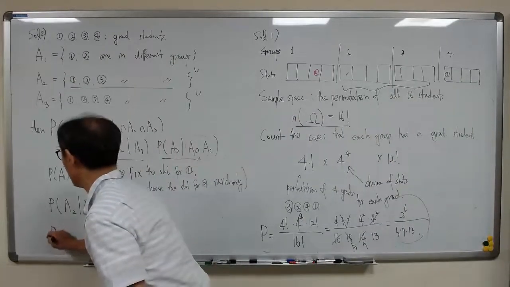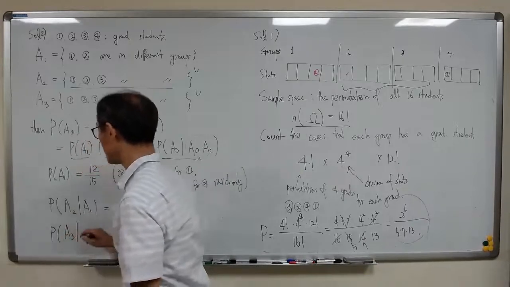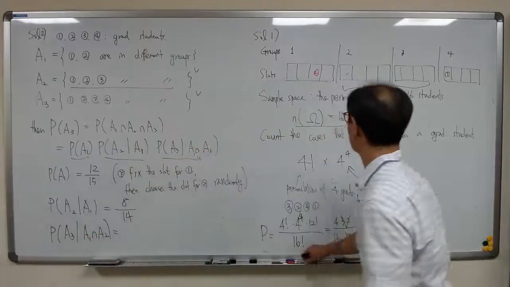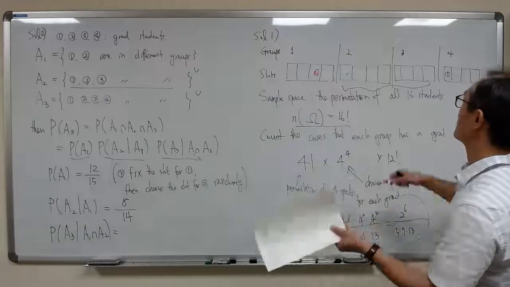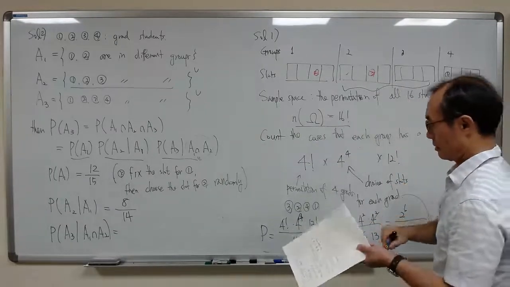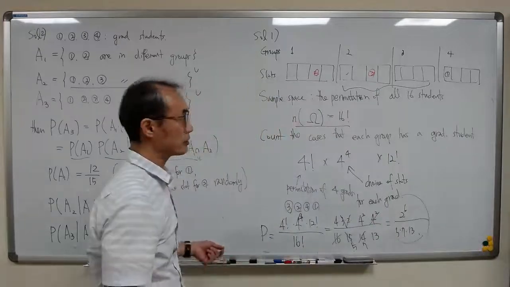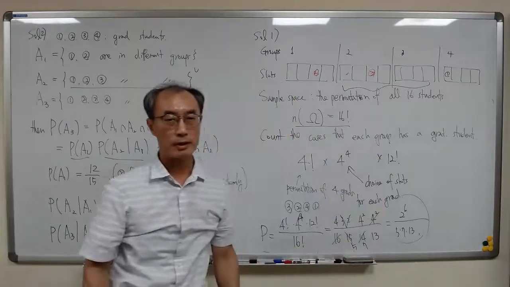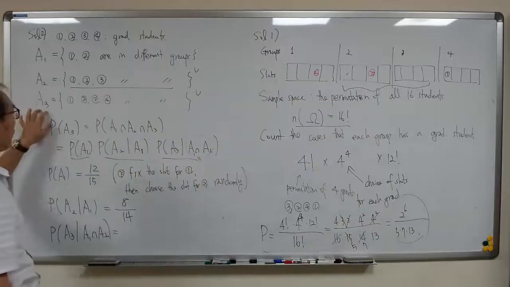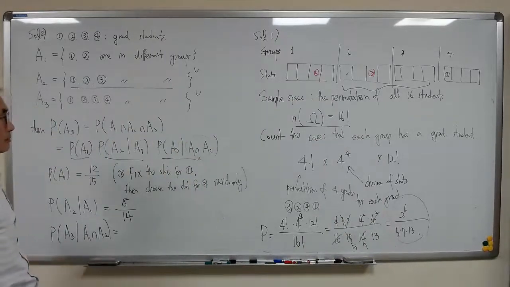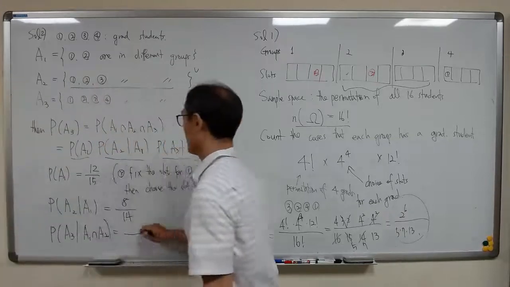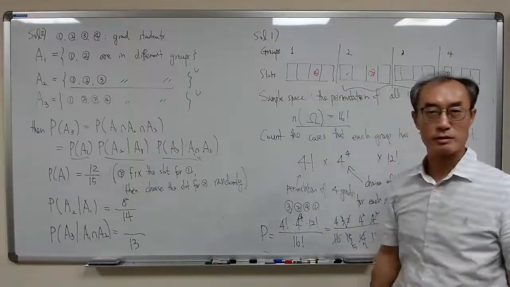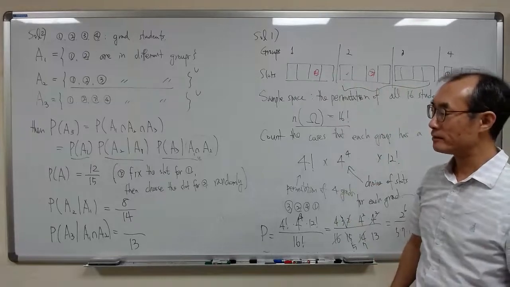Similarly, we can evaluate the probability of A3 with the condition A1 and A2. Suppose the slot for graduate student number 3 has been determined somewhere in another group. Then what's the probability of A3 given A1 and A2? We now have 13 unassigned slots.